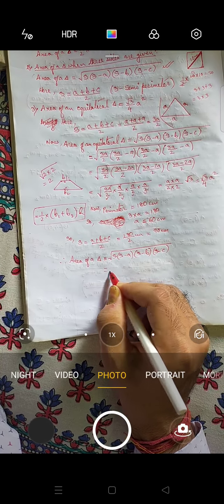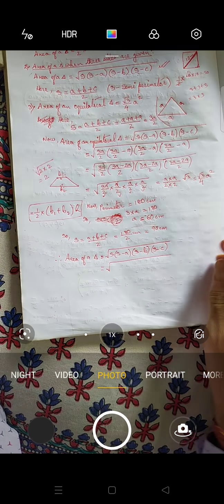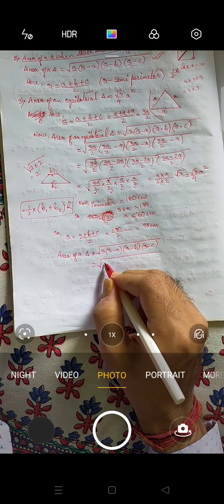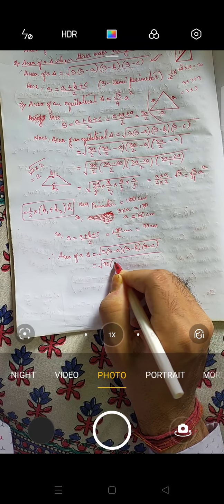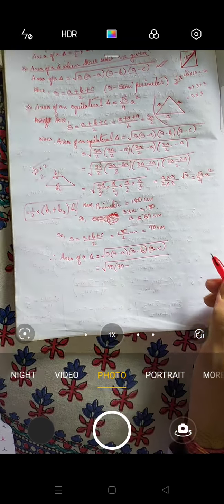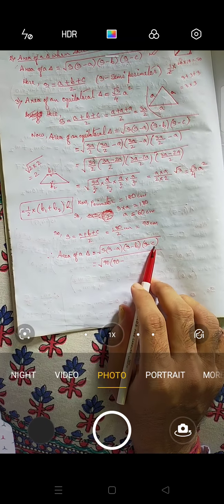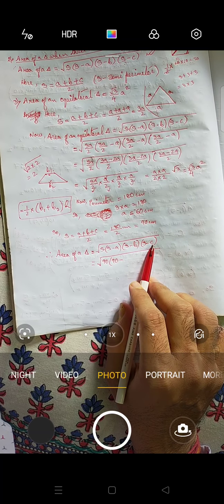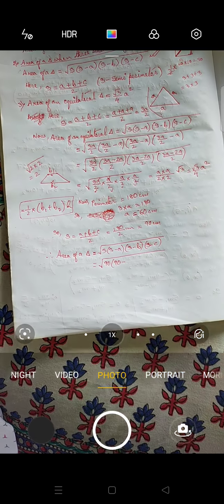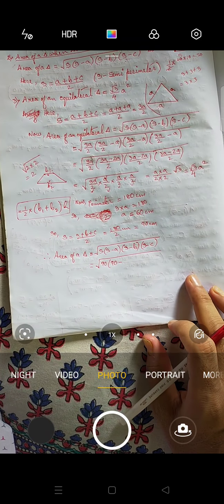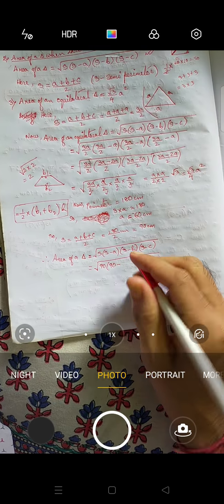What is s here? 90. So 90 minus, what is a? A means side, b means side, c means side. All sides will be the same. So what is the side? 60.